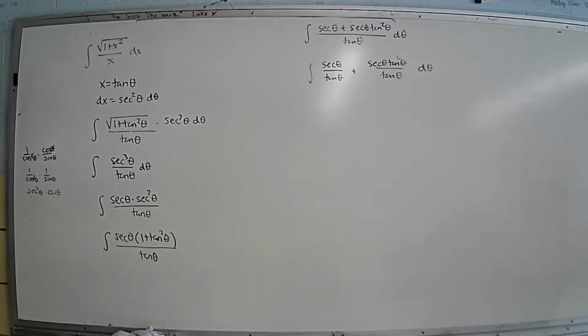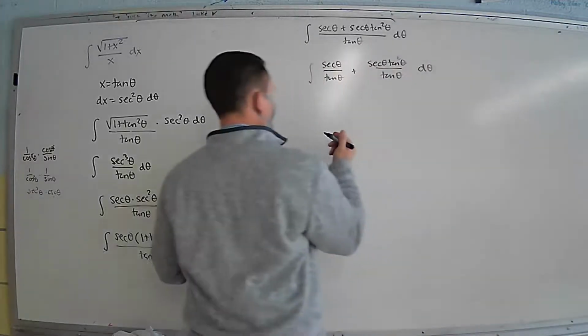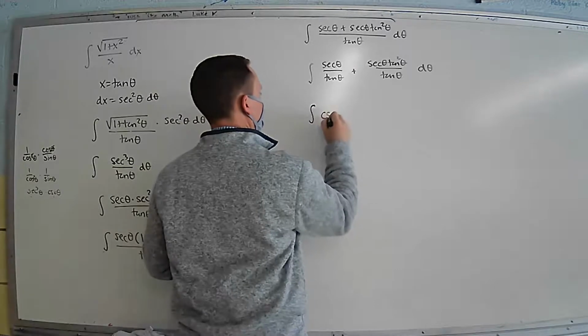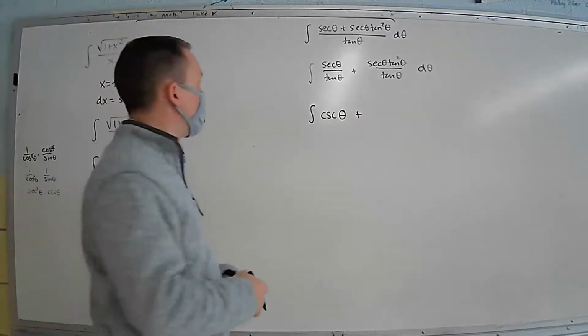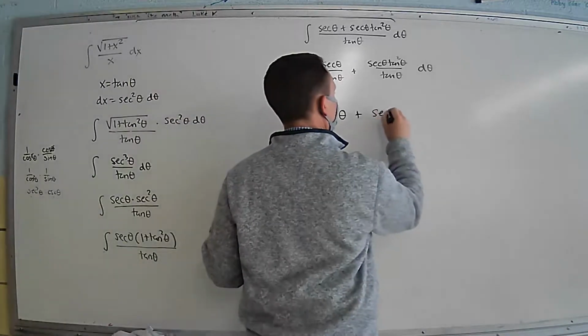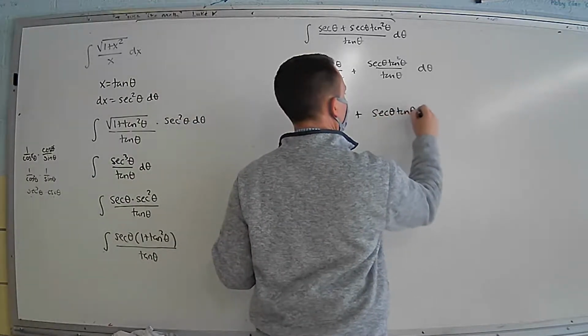What does the first term simplify to? Samuel? Cosecant theta. And what's the second term simplify to? Secant theta, tangent theta.